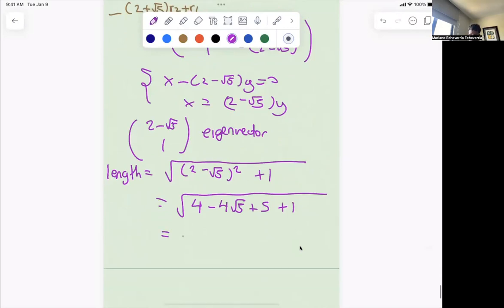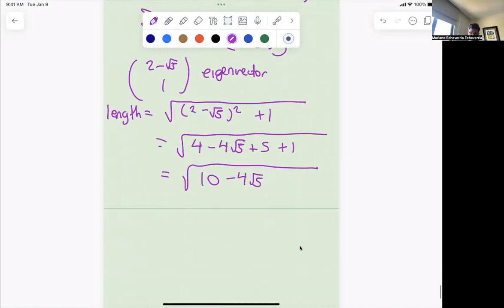So it is 10 minus 4 root of 5. And so the eigenvector that you're really working with is the one we found, but rescaled. So it's 2 minus root of 5 divided by root of 10 minus 4 root of 5, and then 1 over root of 10 minus 4 root of 5.